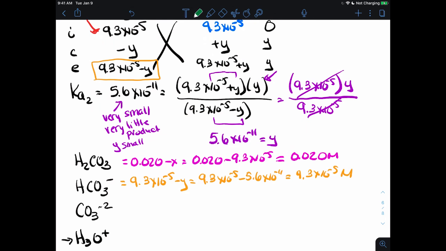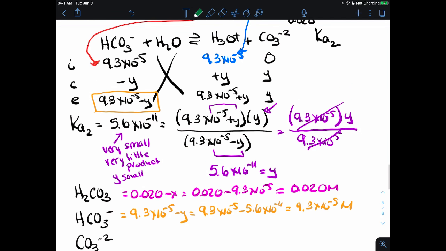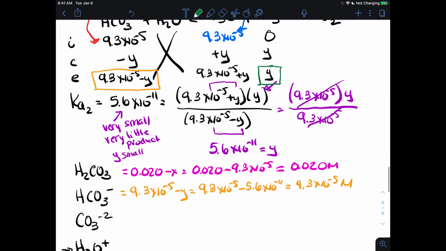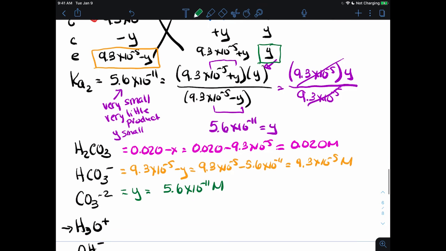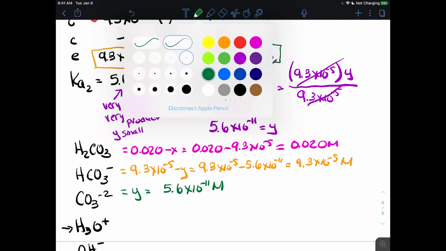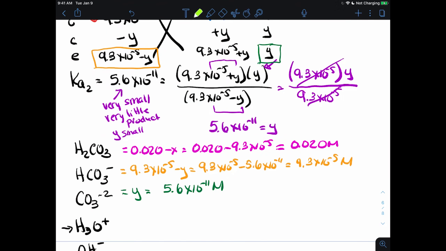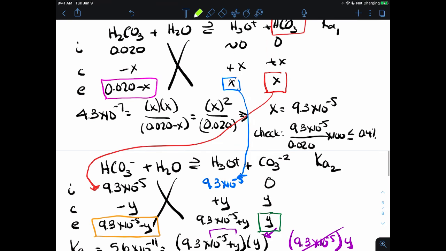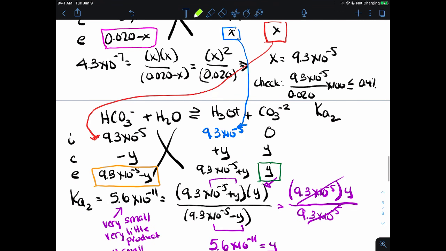Now, carbonate, CO3 2 minus, that only was generated in the second reaction, and that was found to be y. So there's a little bit of that. The H3O plus, there was some generated in the first reaction, which we then brought down to the second reaction.